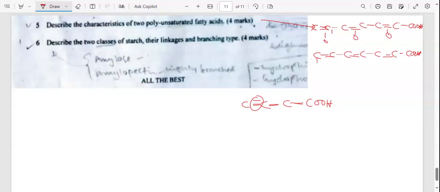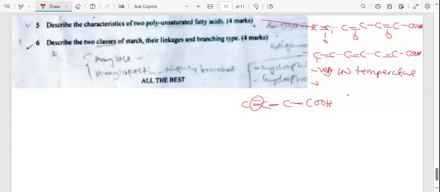The other thing that we can talk about is that these polyunsaturated have very low melting point. Both have low temperature, but for this one it is very low. Monounsaturated also have low temperature, but polyunsaturated are very low.